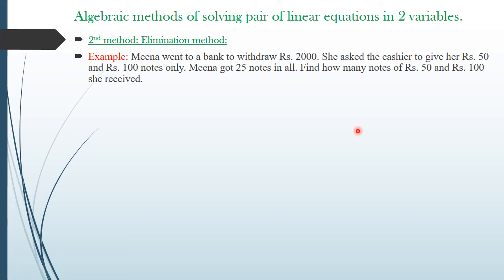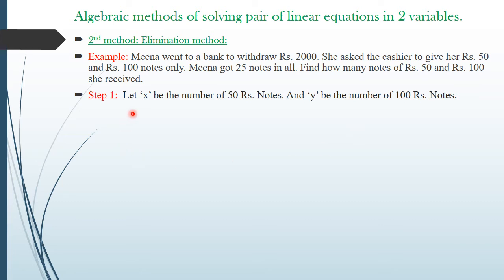In the very first step we need to form the equations depending on this problem statement, then we are going to solve them using the elimination method. Very first step is, let x be the number of 50 rupees notes and y be the number of 100 rupees notes. These things I am going to assign in this problem.